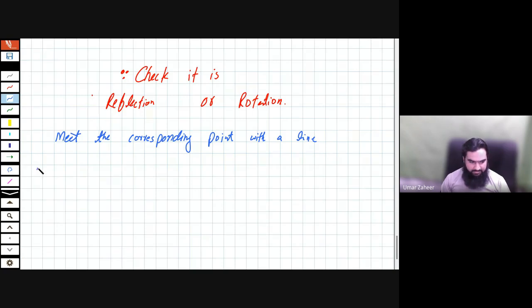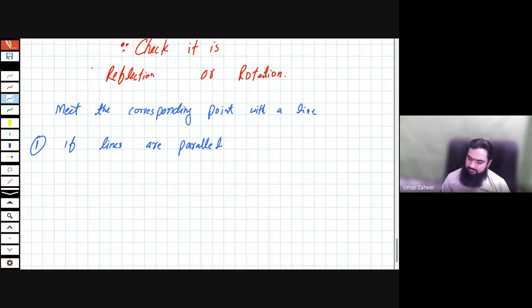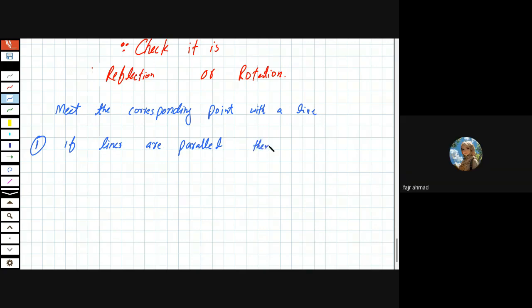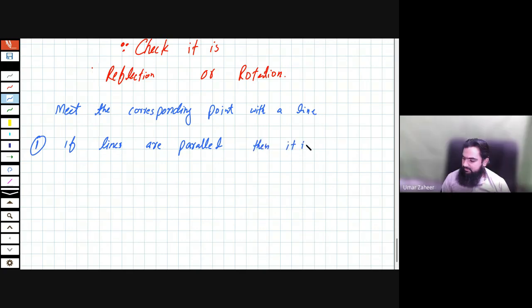So the first thing, if lines are parallel, what does it mean? It's a reflection.